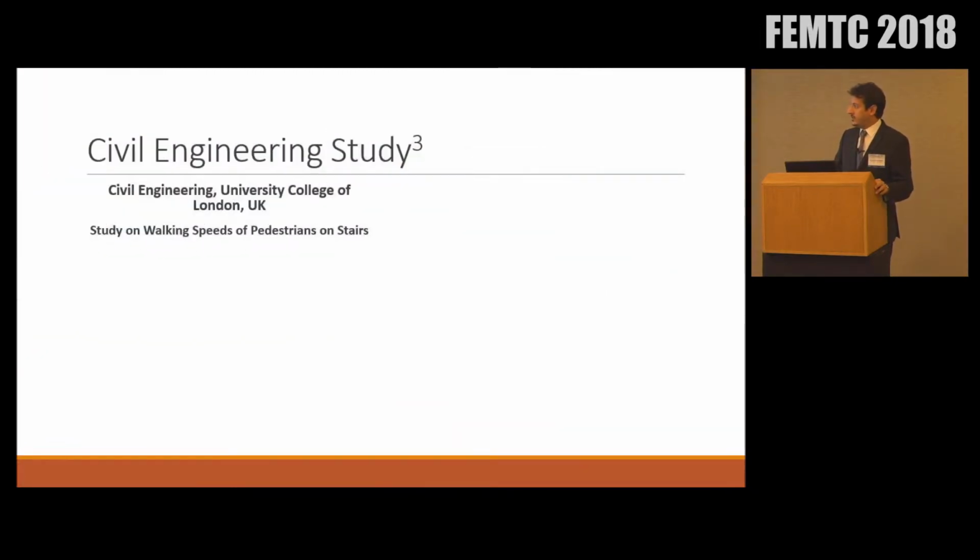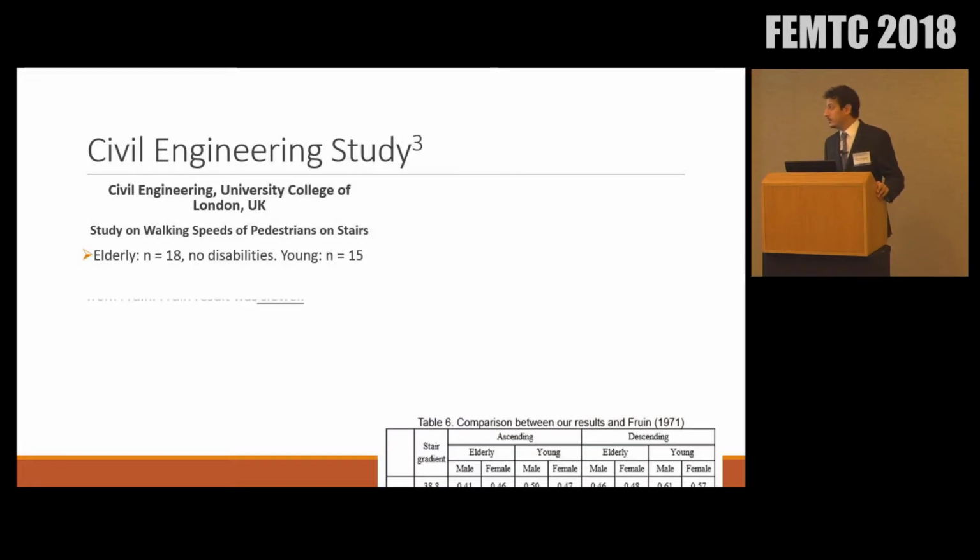Moving on to another study done by University College London in the Civil Engineering Department. They've studied the walking speed of pedestrians on stairs only. They didn't take too many people to test, but it's a good study to look into. They've taken 18 elderly people with no disabilities and 15 young people.